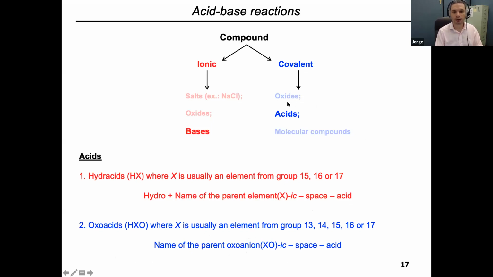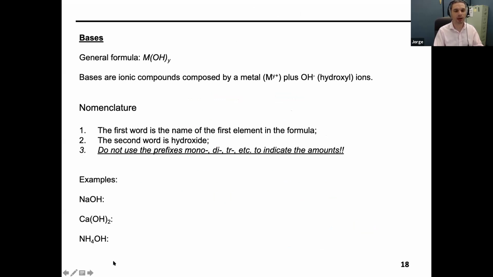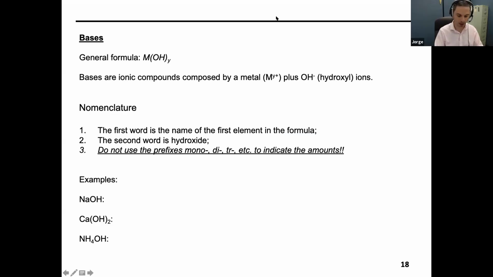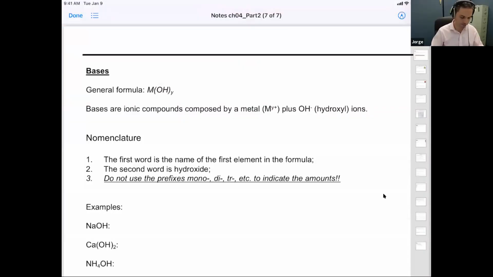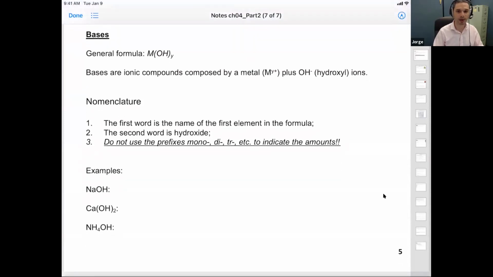Okay, so quick recap here on acids. Now let's move on to the new compound, the base. All right, let me switch back to a screen that I can write on. Bases are the last class of compounds that we will talk about in Chem 109.